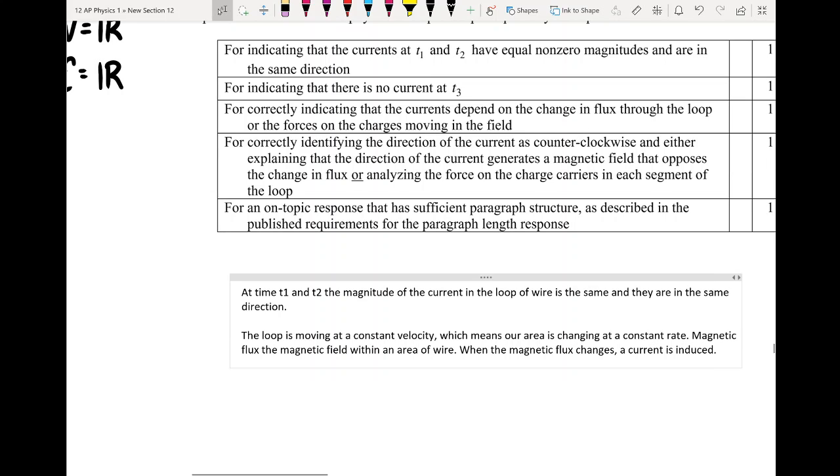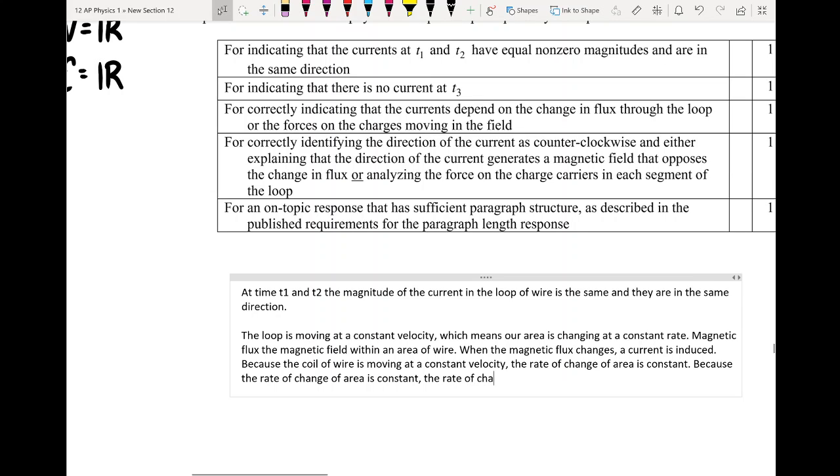Now we can kind of tie that together and tie that back into our thesis. So when the magnetic flux changes, a current is induced. Because the coil of wire is moving at a constant velocity, the rate of change of area is constant. Because the rate of change of area is constant, the rate of change of flux is constant.